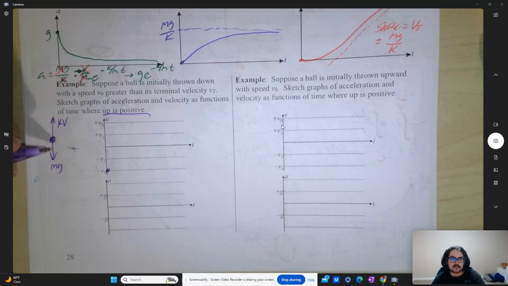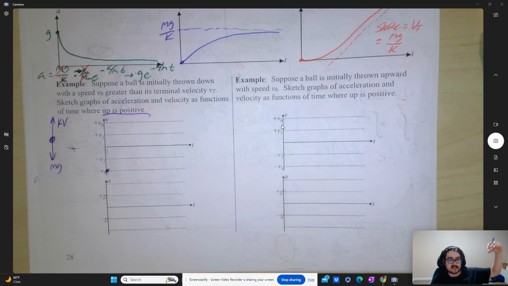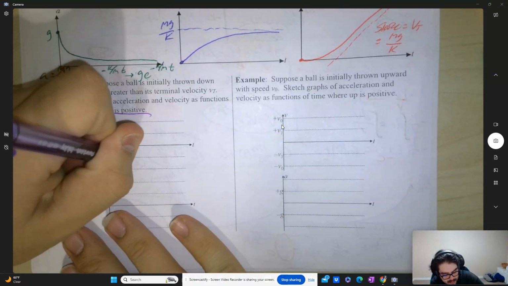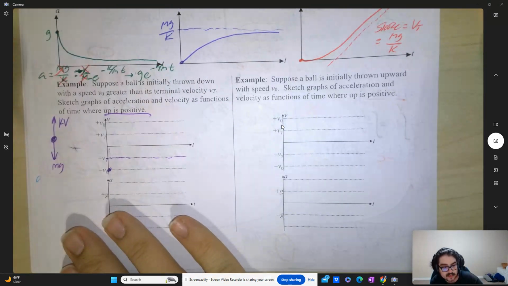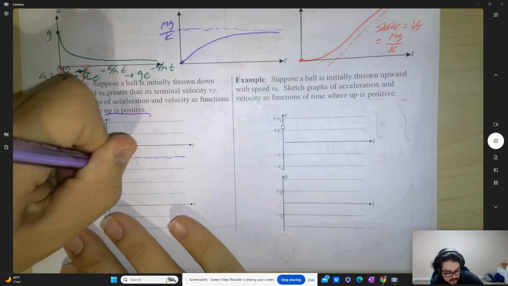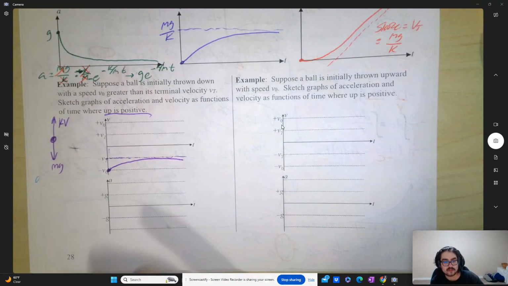And what you should notice is that kv is initially going to be really high because your velocity is really high, but then it's going to try to slow the object down to get to terminal velocity. The object is always going to try and seek terminal velocity. That's where it wants to be. So my asymptote is going to be at terminal velocity, and I'm going to basically just do this kind of trend towards it.